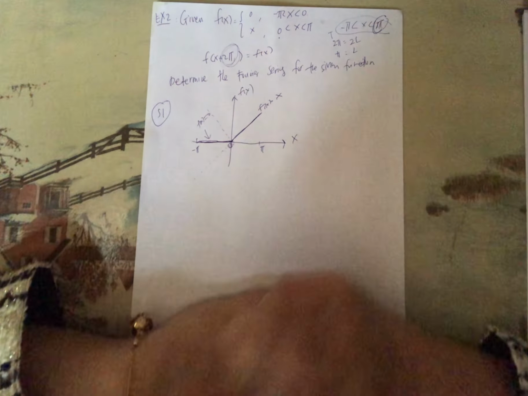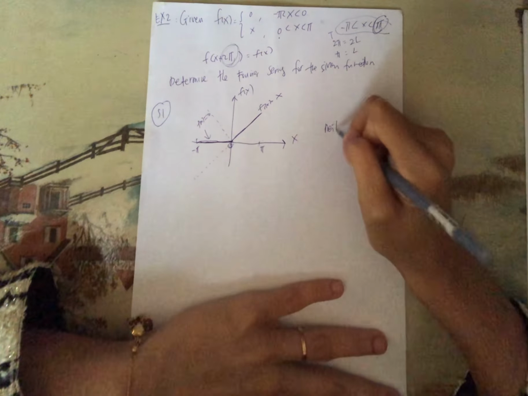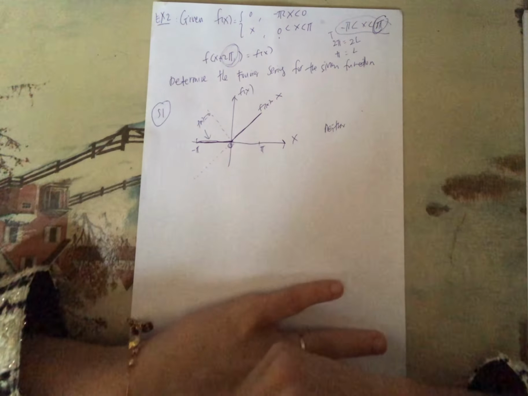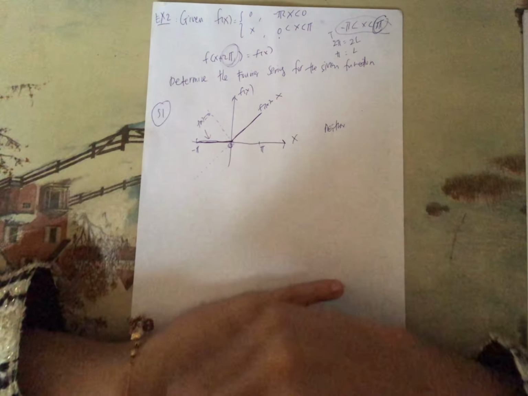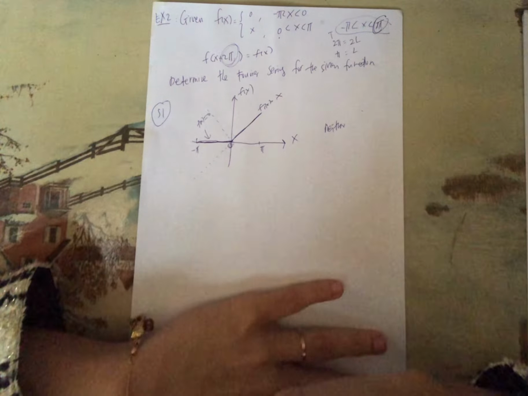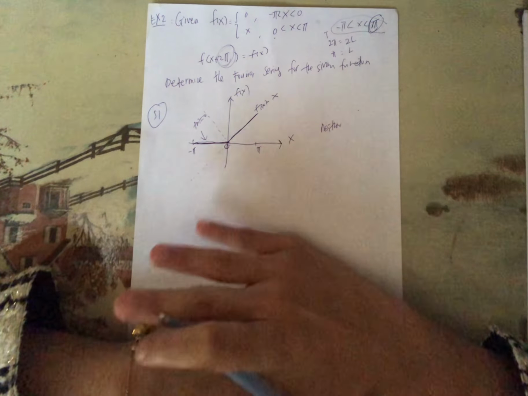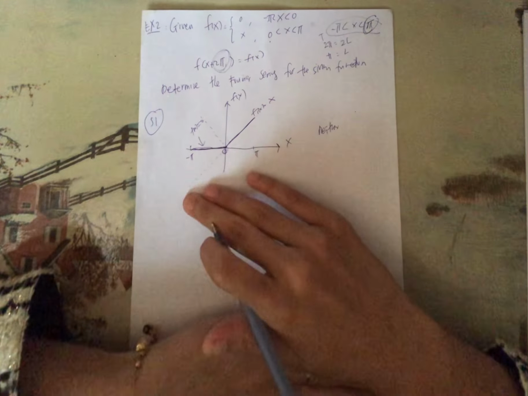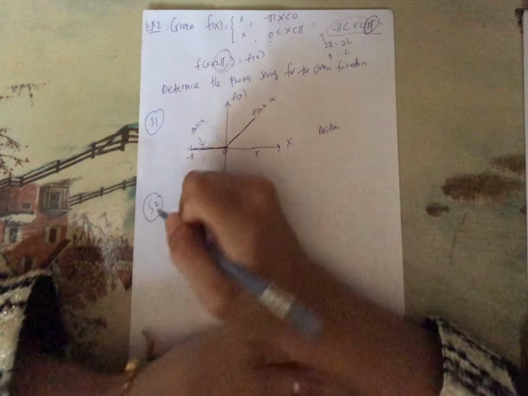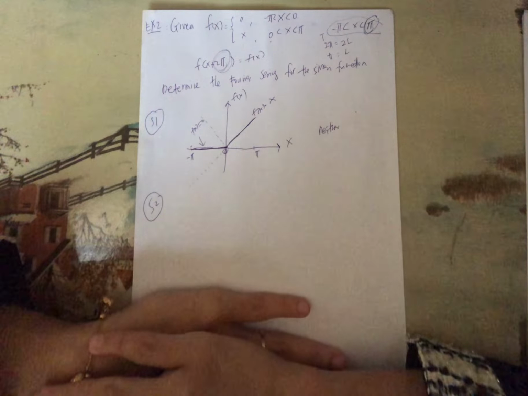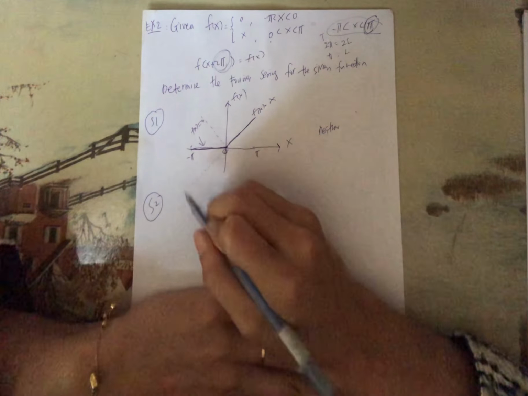So what we can conclude is, this function is a neither function. It's neither even nor odd. It's not both, so it's neither. So when it comes to neither, what are the Fourier coefficients that will be calculated here?